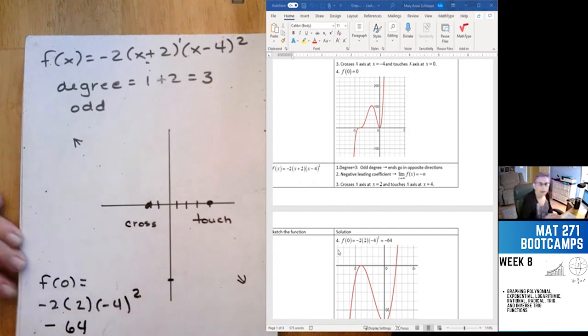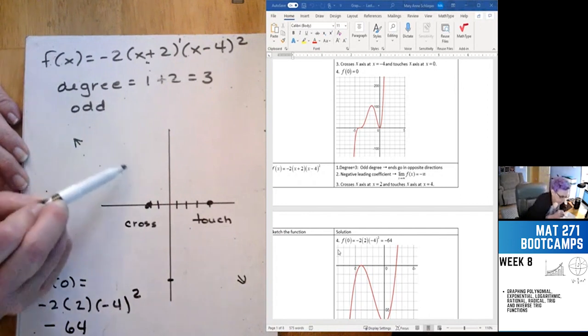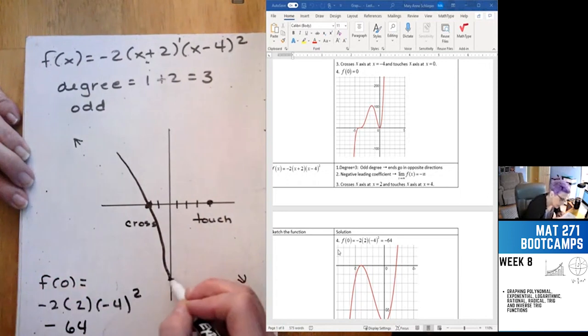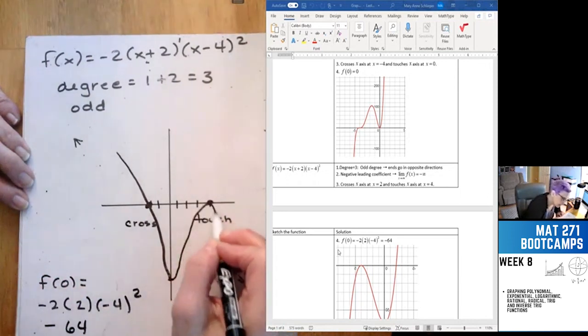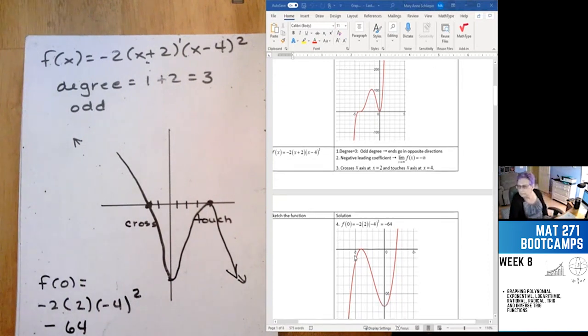So we're going to put that way down there. So we start up here. We cross the axis. We reach this point. We come up, we touch, and we go back down. And again, calculus will teach you how to make it look better.